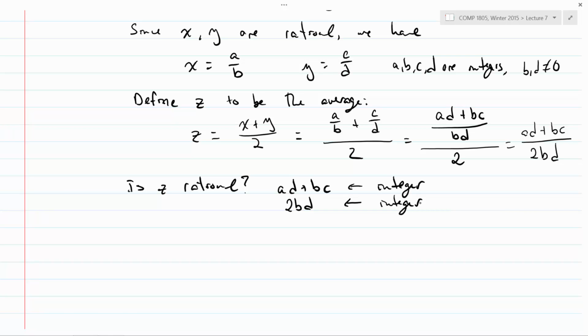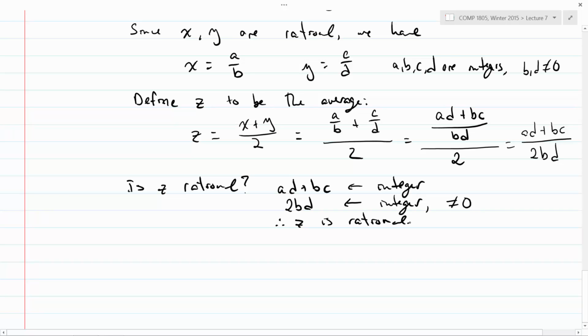Right, b and d aren't 0, and if you multiply together 3 numbers and none of those numbers are 0, you know for sure that the product won't be 0. Right? The only way you can get a 0 in a product is if one of the things you multiply is 0. So I know that it's an integer and it's not 0. So z is the ratio of two integers, and the bottom integer is not 0, which means it's rational. So therefore, z is rational.